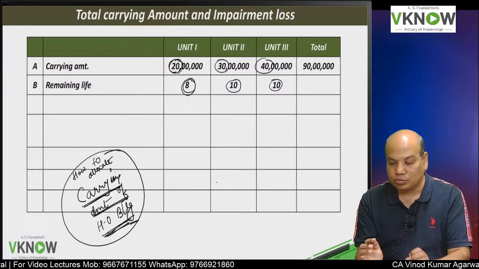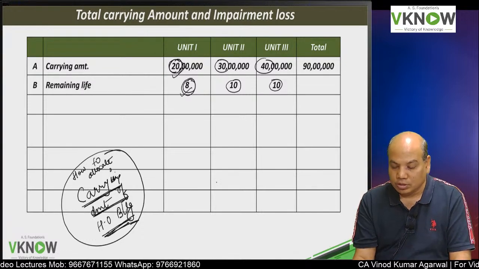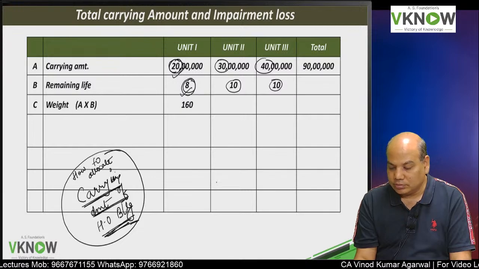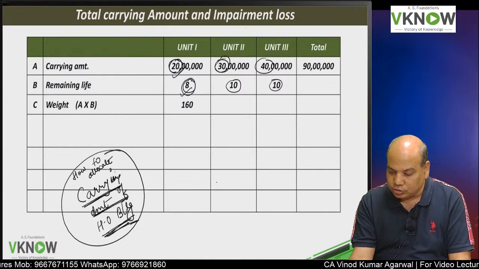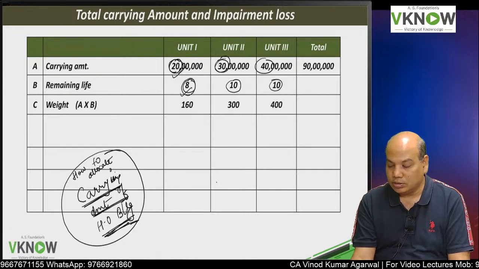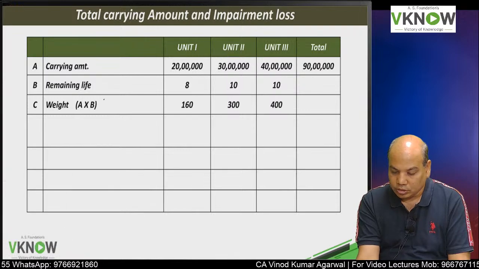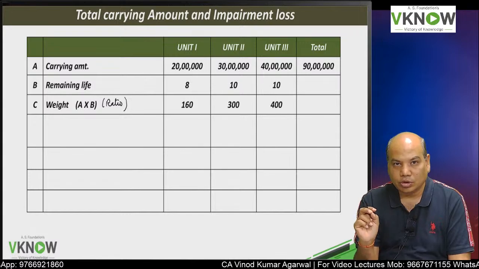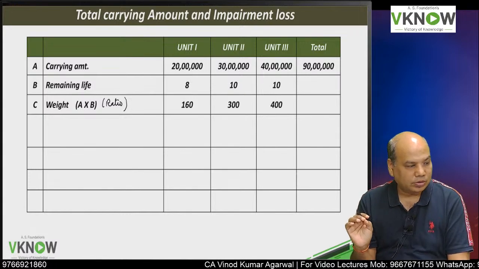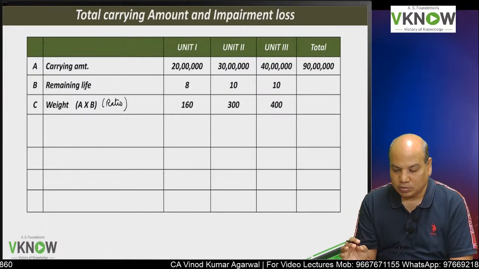So I am giving weightage to both the factors. So I will take 20 into 8, that is weight 160, 30 into 10 300 and 40 into 10 400. This is the ratio for allocation of carrying amount.